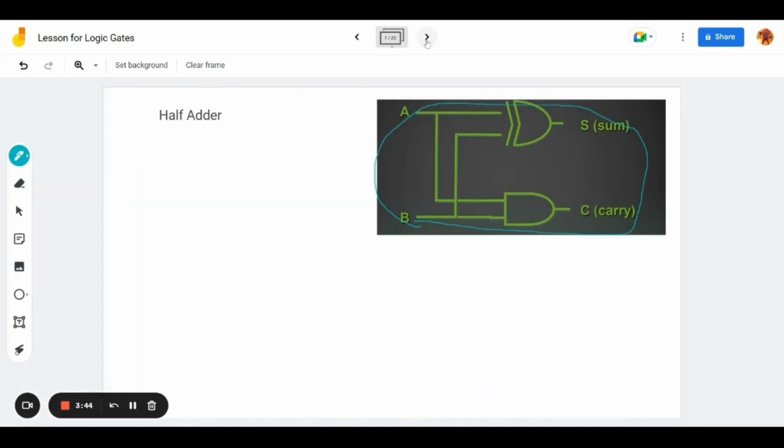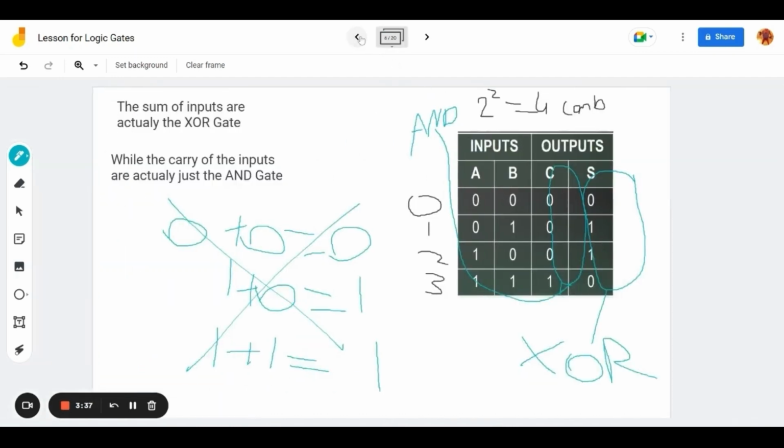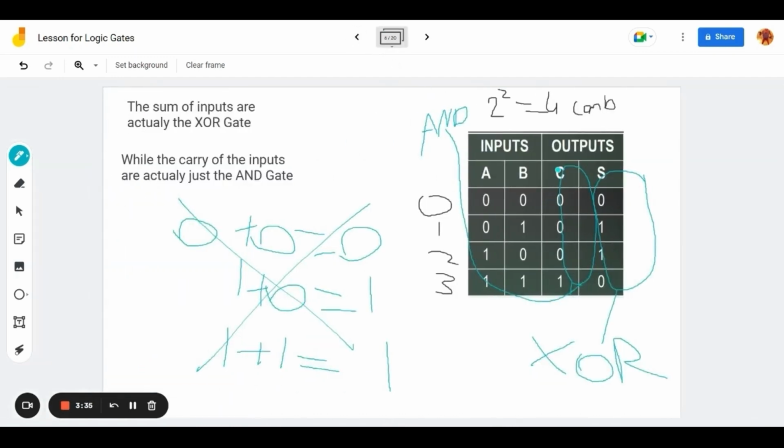Instead of doing all of that, we could just plug the A and B values into the schematic. And the reason why the schematic works is, as I've said earlier, the carry column is actually an AND gate. If you look at it, the values are just like an AND gate. 0 times 0 equals 0. 0 times 1 equals 0. 1 times 0 equals 0. 1 times 1 equals 1.